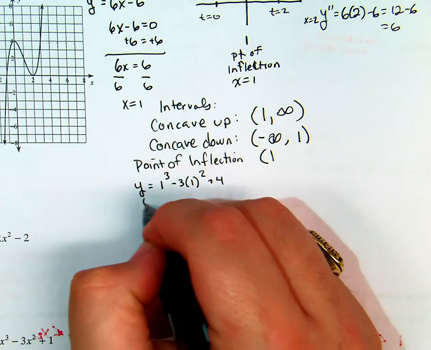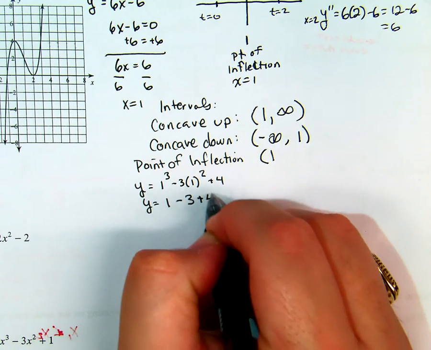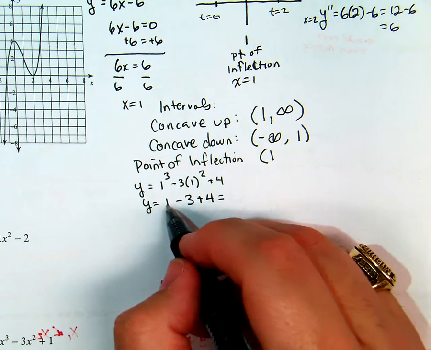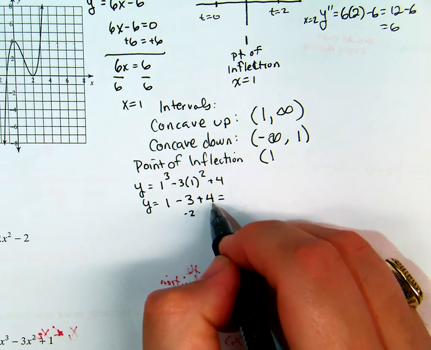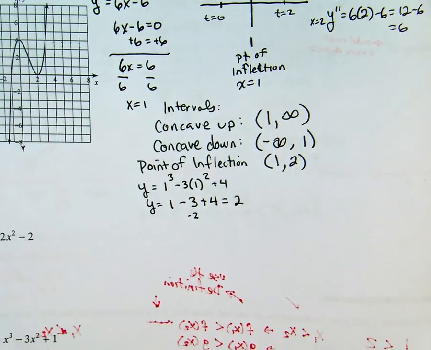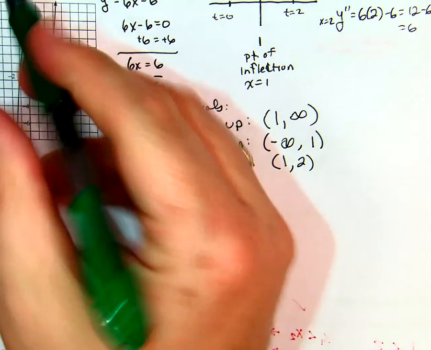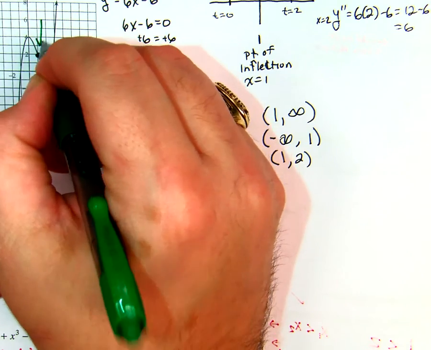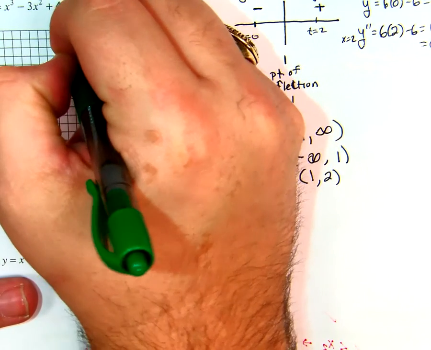So y would be equal to 1 minus 3 plus 4, which would not be 0. 1 minus 3 is a negative 2, plus 4 is 2. It's okay. No worries. And there's your point right there. There's your point of inflection.